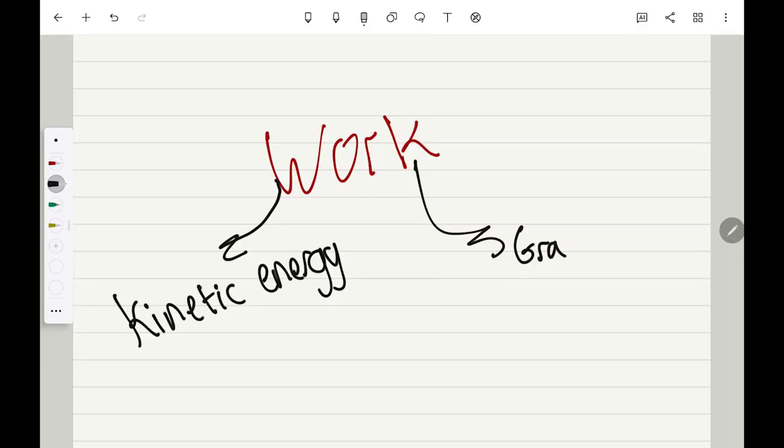Let's just write it in short to not waste time. We discussed that both of these have something to do with movement, and if you remember, I told you that in future lessons we're going to learn how to calculate them.